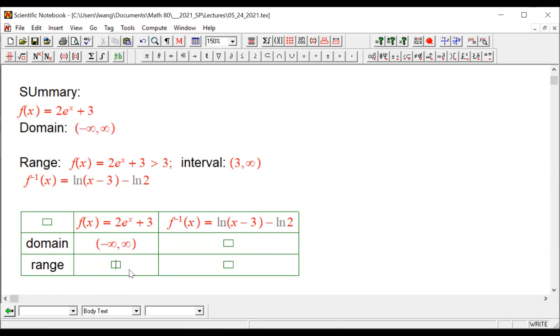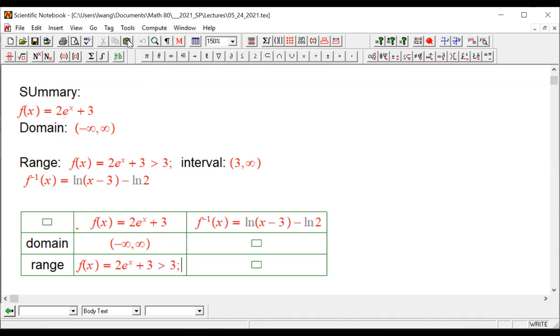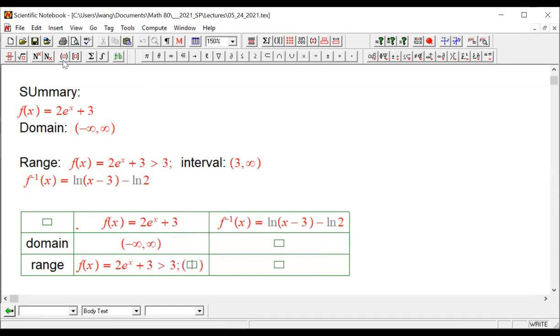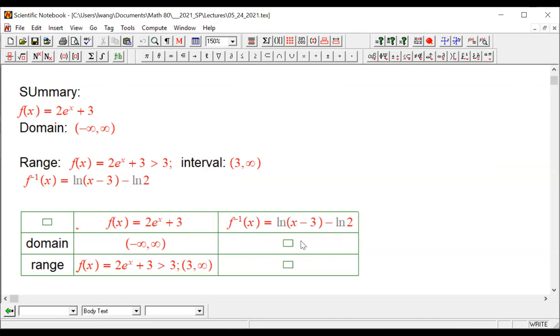And the range is everything larger than 3, or in interval notation, 3 to positive infinity. And the domain for its inverse is x larger than 3. And the range, of course, is still from negative infinity to positive infinity.